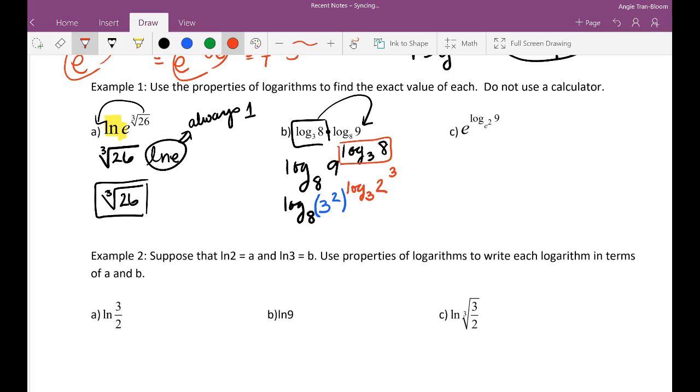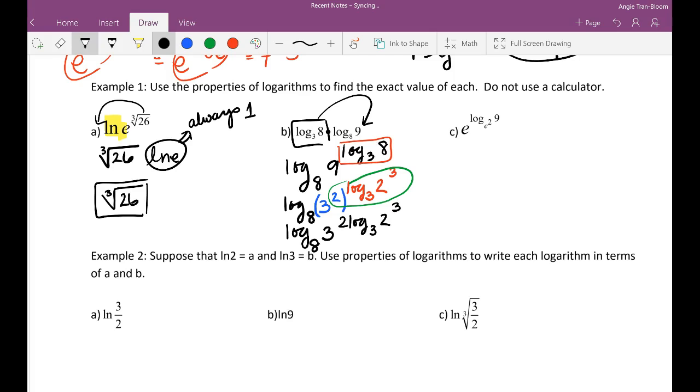Now, if you look at this, you have power to the power. I'm going to multiply these because this is just power to the power. So if I multiply those, so crazy, right? Then I have log base 8 of 3 to the power of 2 times log base 3 of 2 to the third.